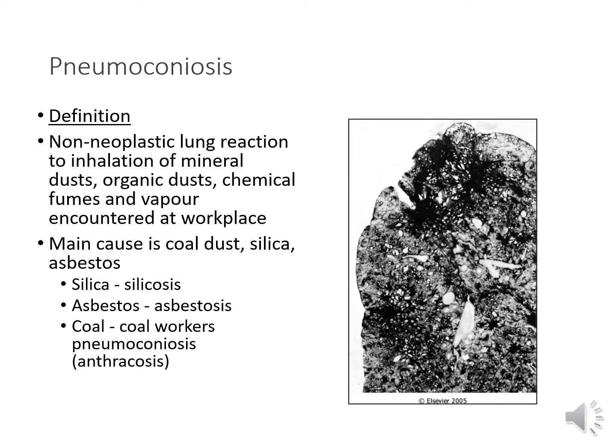These have to be small enough to reach the exchange area of the lung, which will then induce the fibrosis in the interstitium. The fibrosis is mediated by alveolar macrophages, which consume the particles and induce the fibrosis. Exposure to big particles usually will be filtered by mucus and cilia of the respiratory tract.